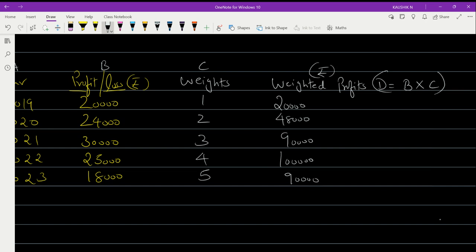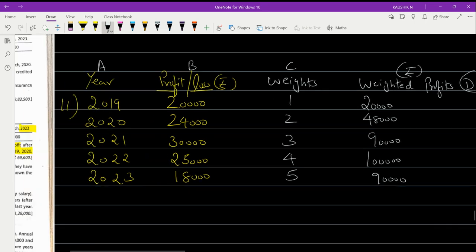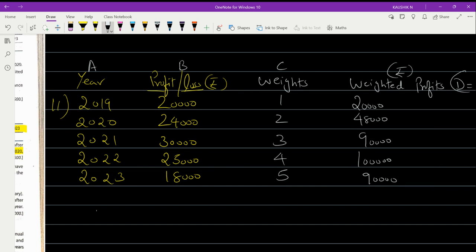Once you have derived it like this, you have to apply the formula. The formula is to find the weighted average profit.